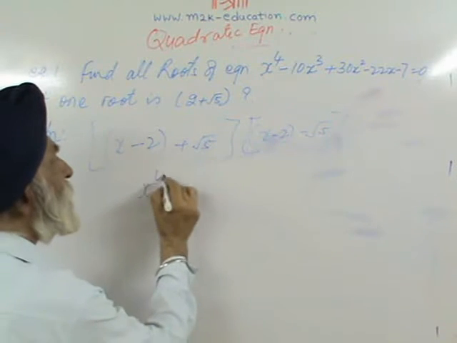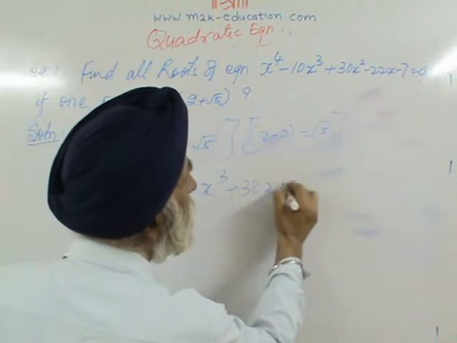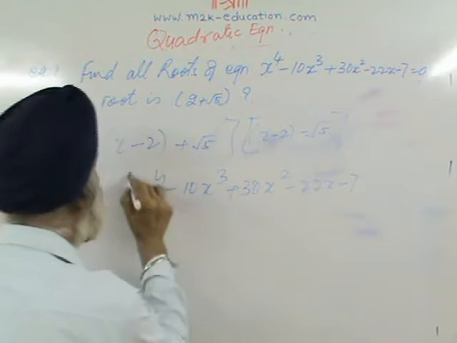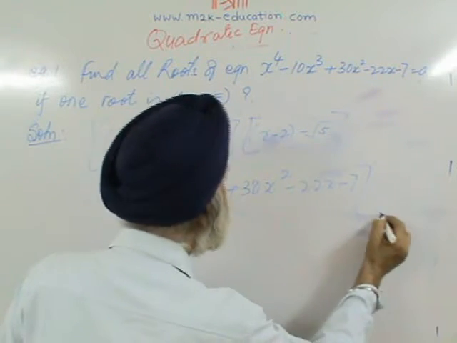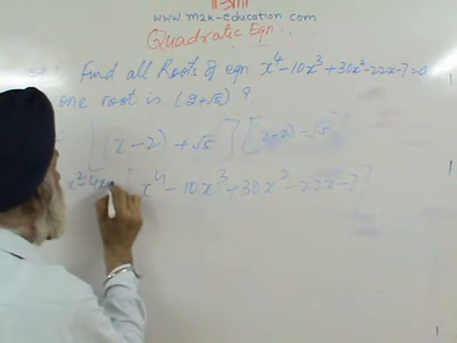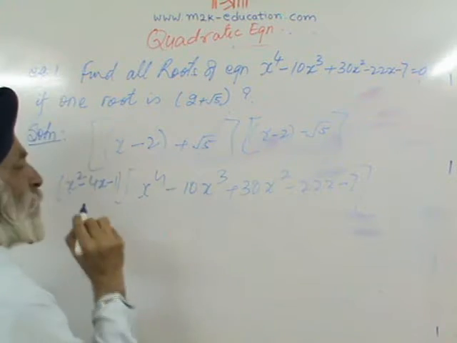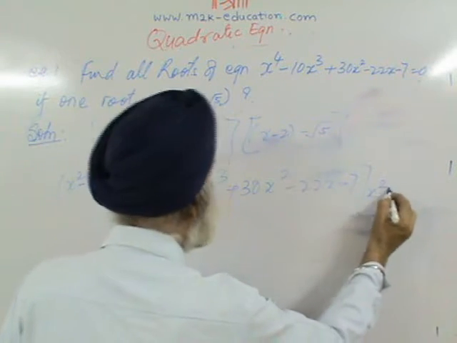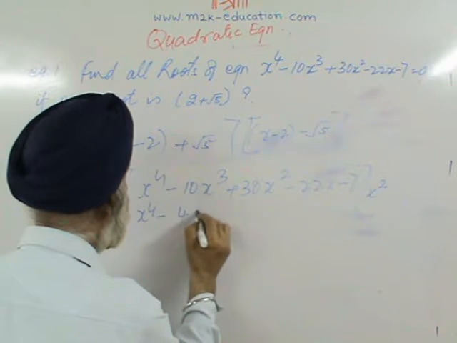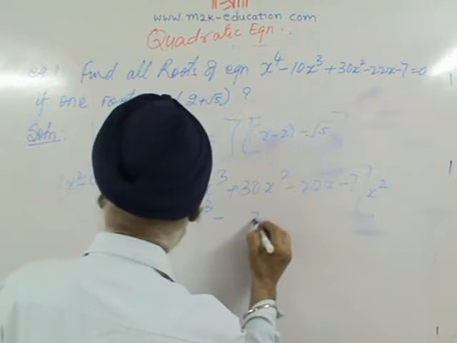Let us divide x to the fourth minus 10x cube plus 30x square minus 22x minus 7, dividing it with x square minus 4x minus 1. Then we divide with x square. So we will get x4 minus 4x cube minus x square.